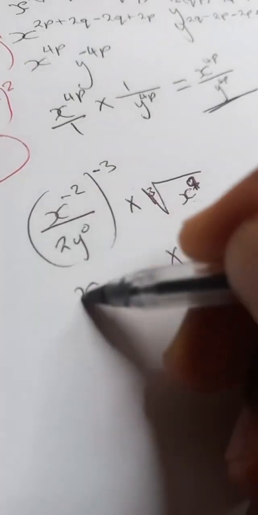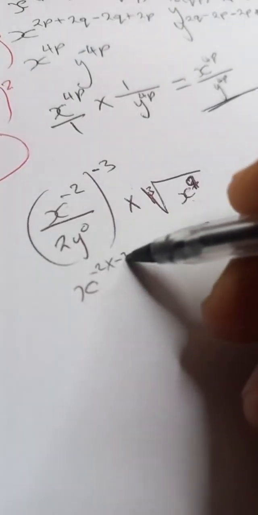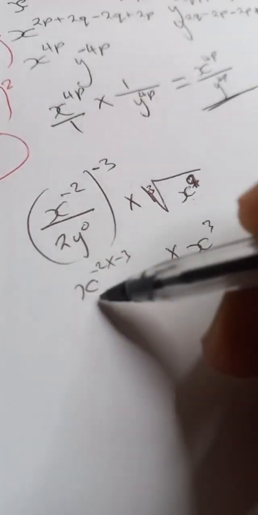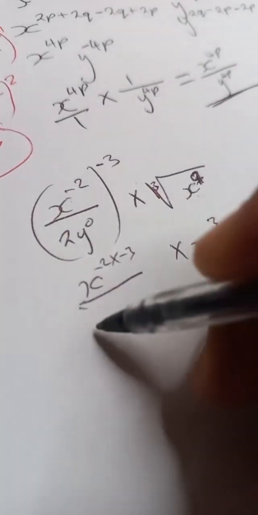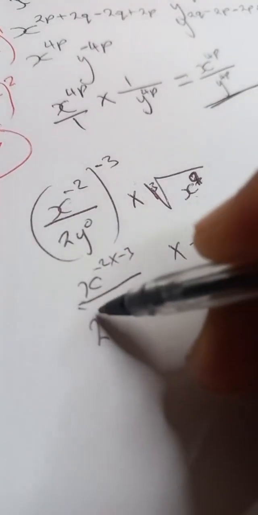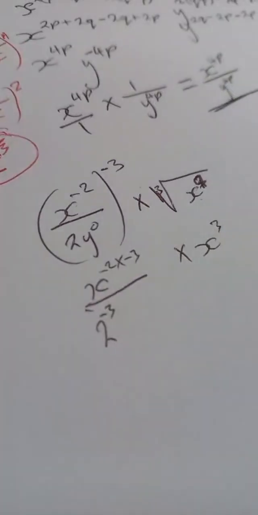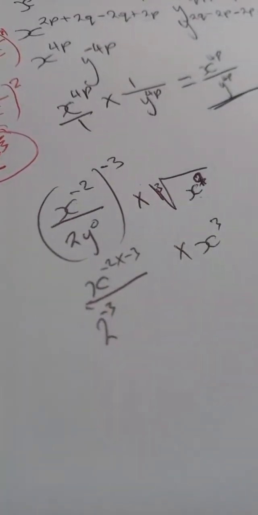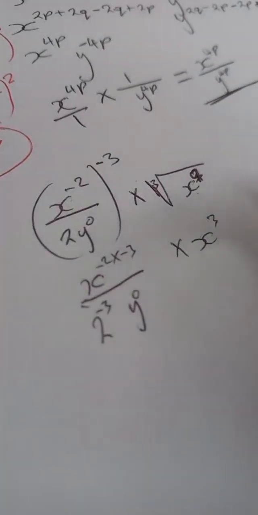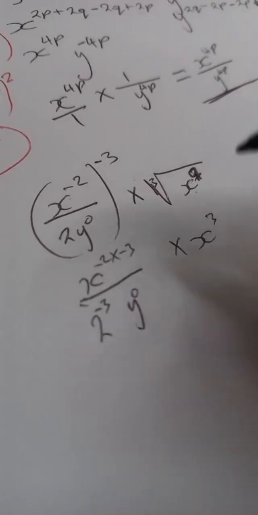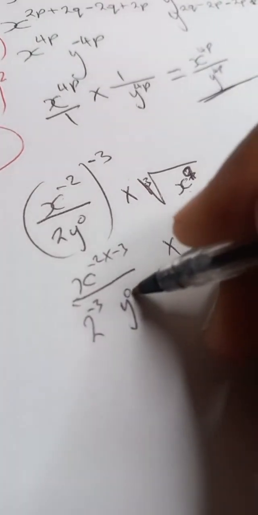So it's going to be x to the power negative 2 times negative 3, all over 2 to the power of negative 3. From there, y to the power 0 times negative 3.